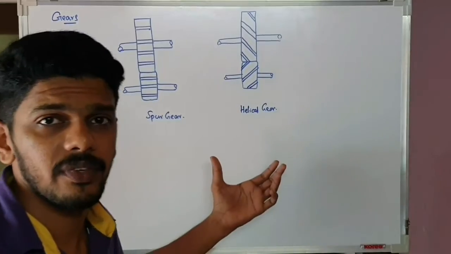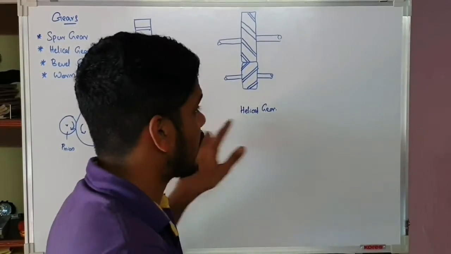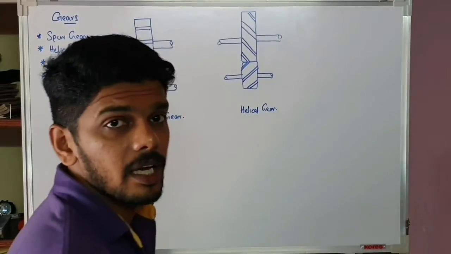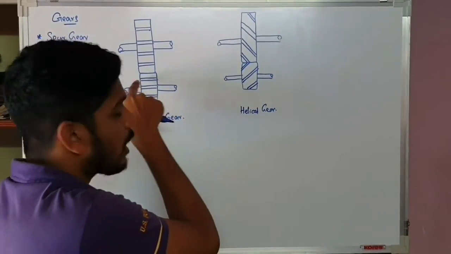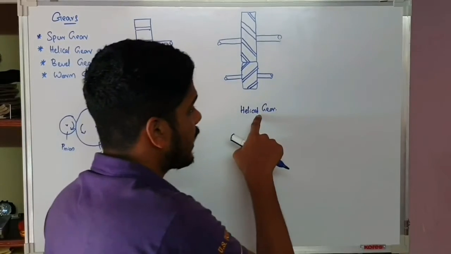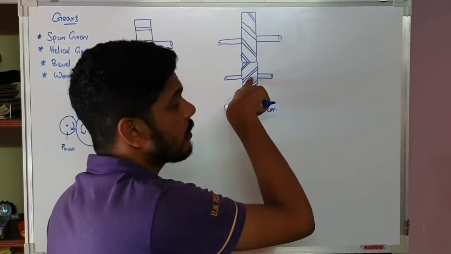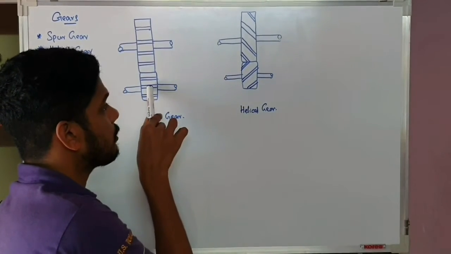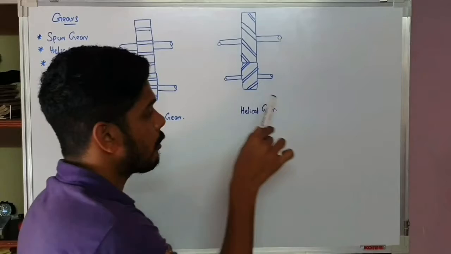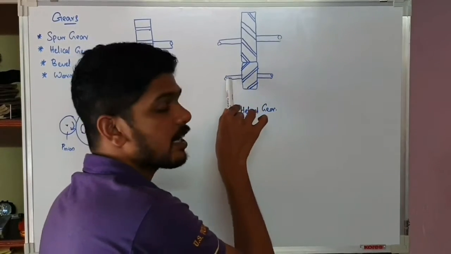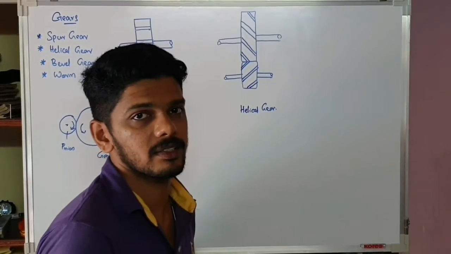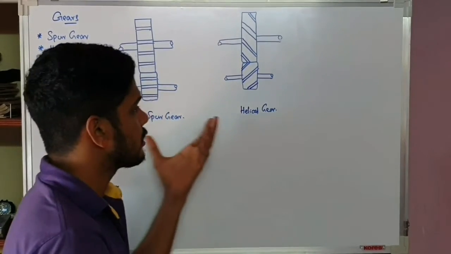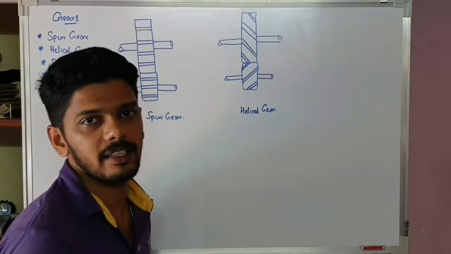As we can see, for a spur gear and helical gear the shafts will be parallel. For a spur gear, the gear teeth will also be parallel to the shaft axis. For a helical gear, the gear teeth will be inclined to the shaft axis. Easy, simple. This is the basic difference between spur gear and helical gear.